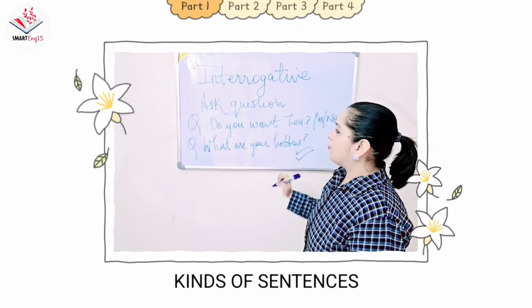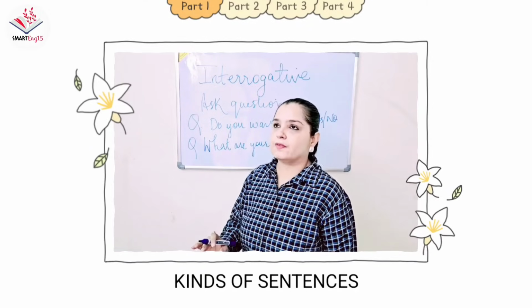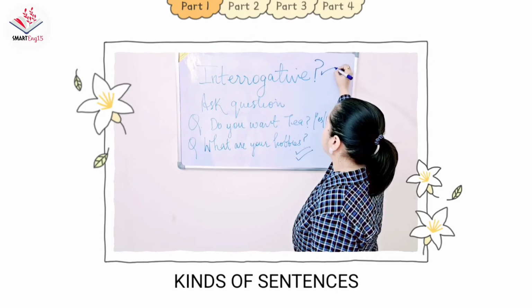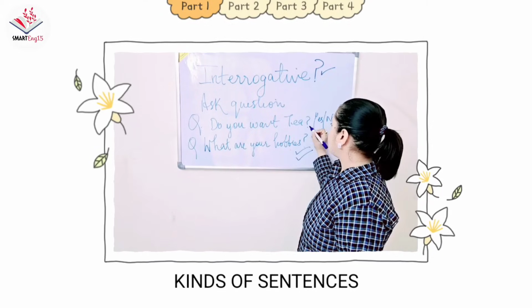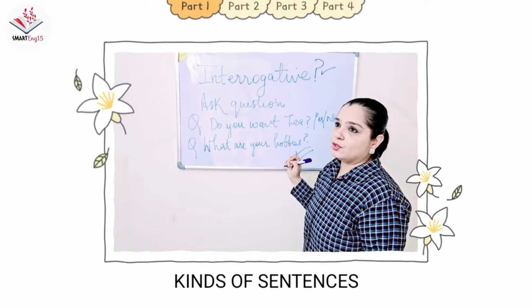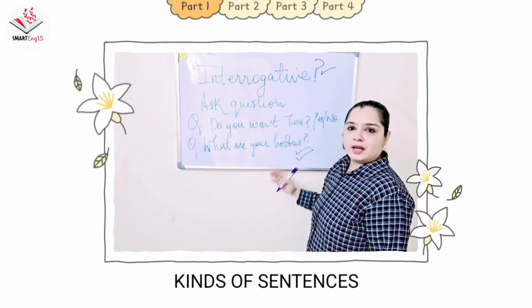So these are two kinds of questions, and the most important part of this kind of sentence is that we always use a question mark. To end these sentences, we add a question mark to it. It's an essential part of English grammar because it adds to the punctuation also. So this is the second kind of sentence.